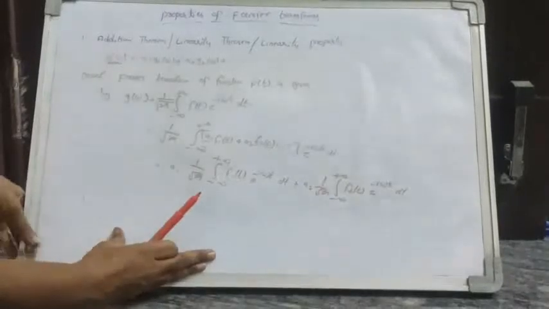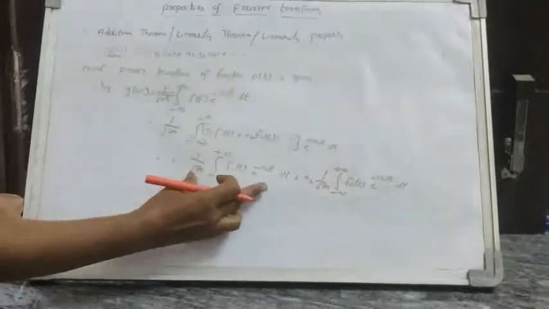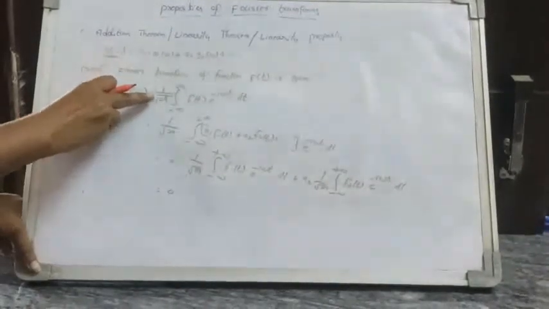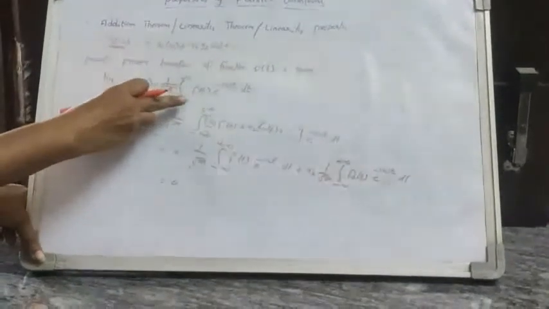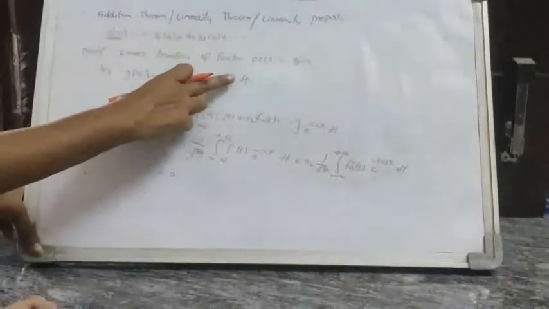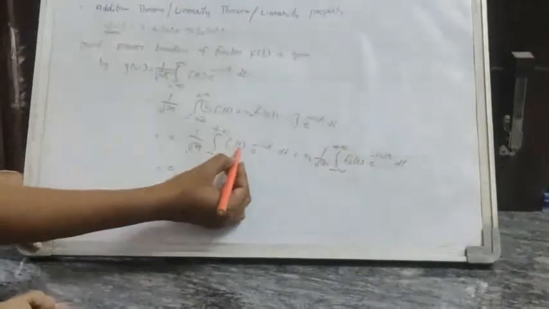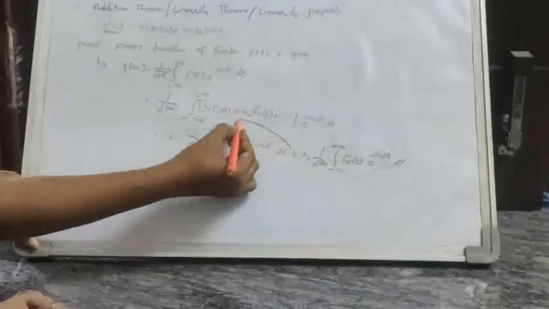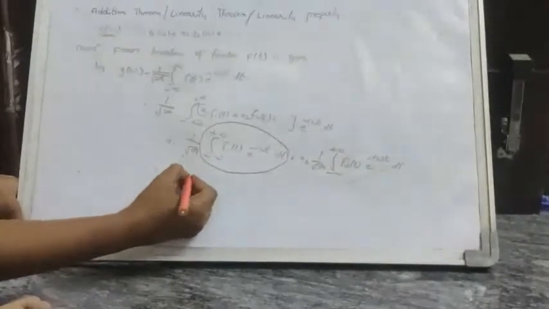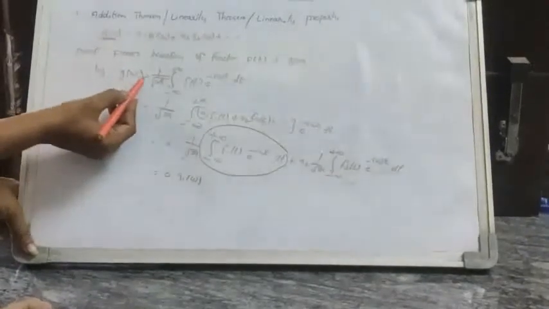Now, you all know how to define g of omega. What is g of omega? It is 1 by root 2 pi integral minus infinity to plus infinity f of t e power minus i omega t dt. So in place of f of t, f1 of t is present. So the overall term can be written as g1 of omega, because we already know how to define g of omega.